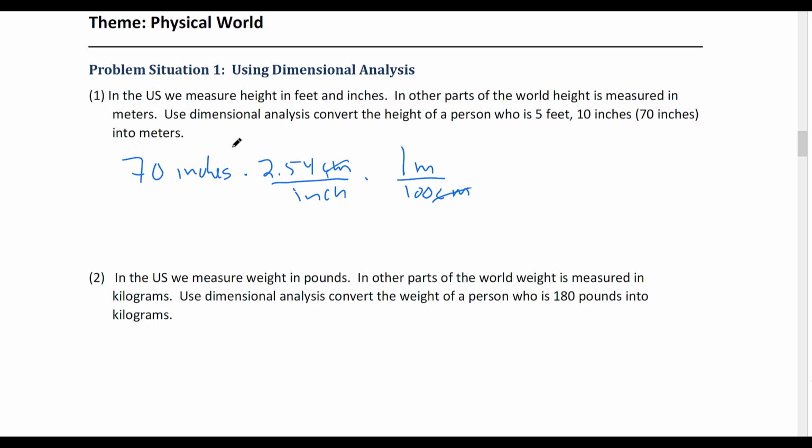That allows the centimeters to divide out, inches to divide out, and we're left with just meters. So let me get my calculator out here. I don't drop it while I'm trying to open it. Okay. So we have 70 times 2.54 divided by 100. I come up with 1.778.